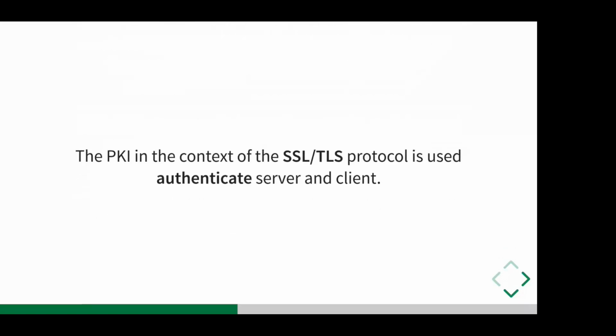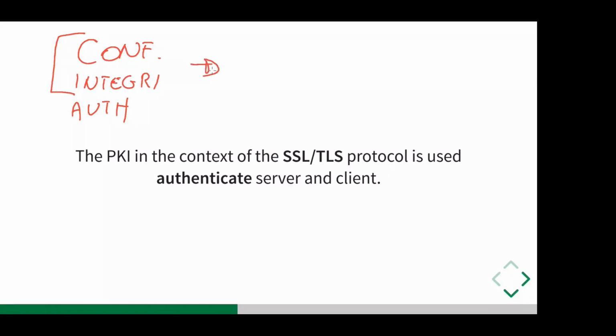In the context of the SSL/TLS protocol, the PKI is used to authenticate the server and client. So all the stuff about TLS, the fact that it grants confidentiality, integrity, authentication, and other things, confidentiality, integrity and the rest are done by the TLS protocol, but they assume that the authentication step was correctly performed.